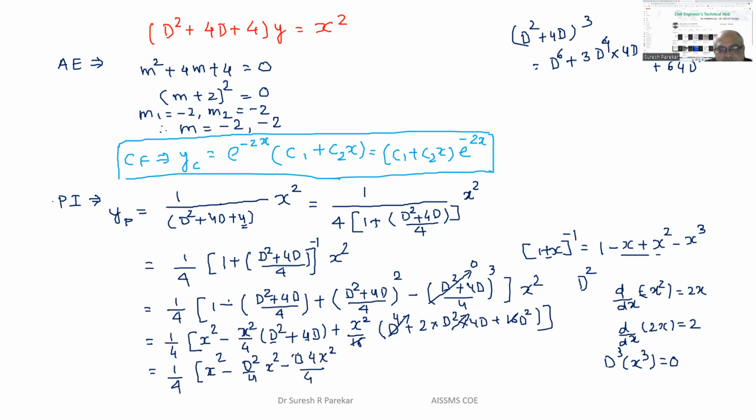So we are multiplying this D square plus 4D to this x square by 4. And then plus the last term, that is x square, or I can write it as D square x square. Likewise, now we will take derivative.